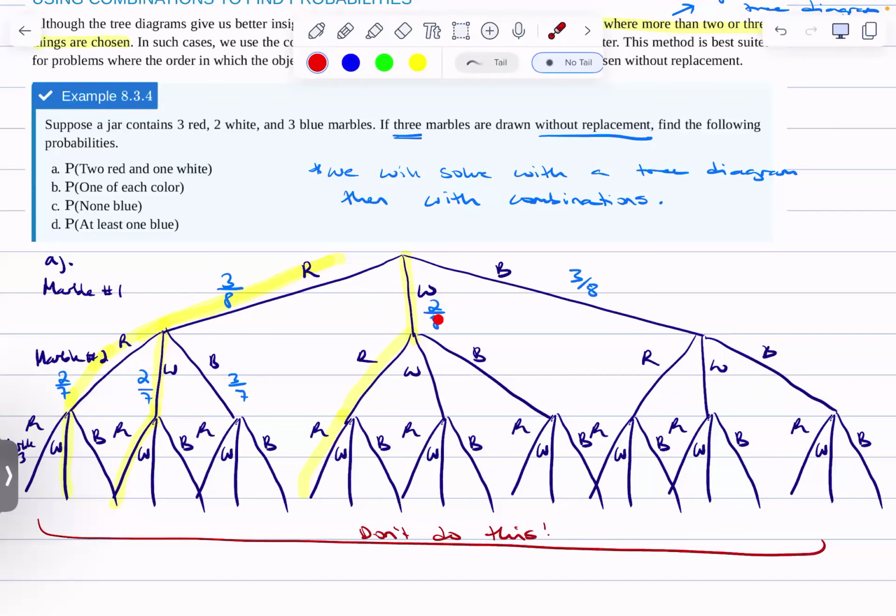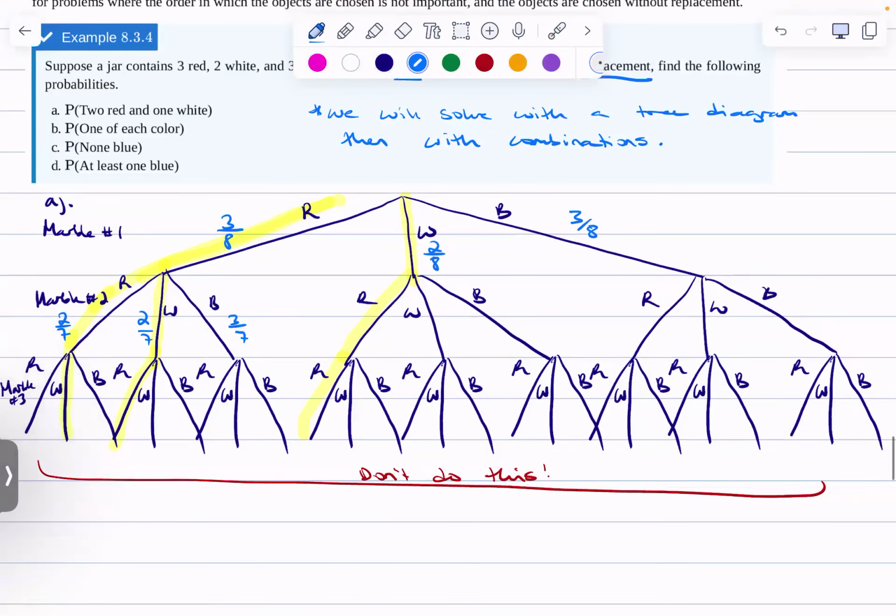If I've drawn a white marble and I have 7 marbles total now, there are 3 red ones, 3 out of 7, 1 out of 7, and 3 out of 7. I'm only going to do the probabilities for the 3rd marble that I need. And so now I've drawn a 2nd marble, which means I only have 6 marbles to draw from left.